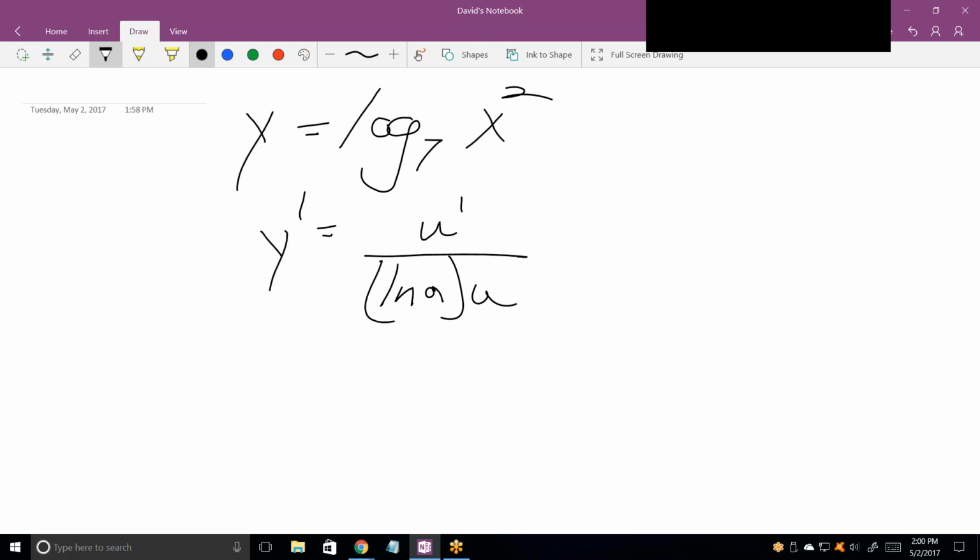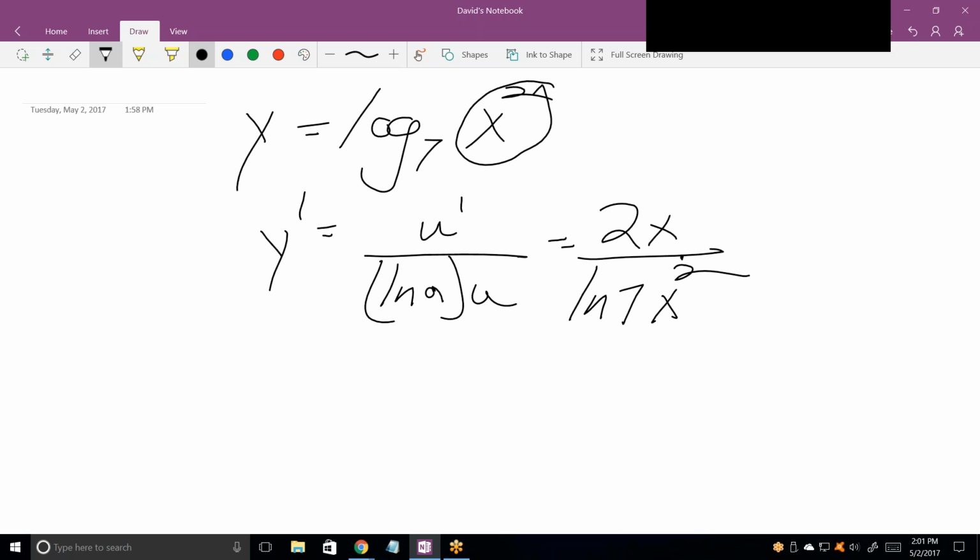In other words, that's the function, and u prime is the derivative of whatever the inside is. So what's the derivative of that? U prime is 2x, right? And then over the natural log of 7 times x squared, which is u.